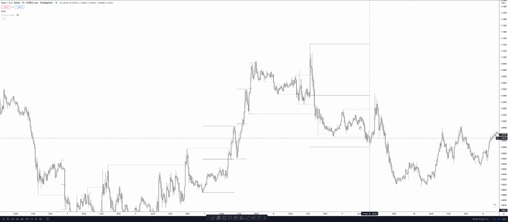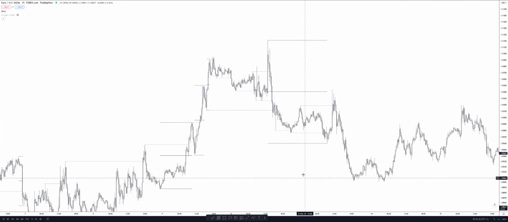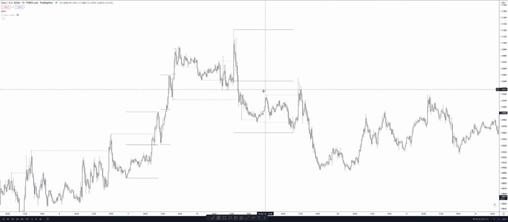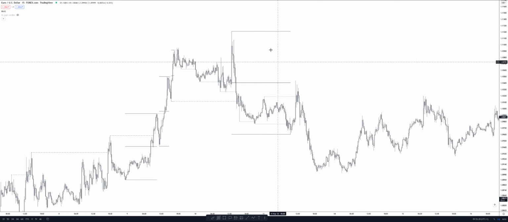So we have an extended major leg here after price failed to mitigate, and then price ultimately swept those minor highs and came to mitigate what was originally left in this premium area before continuing down.